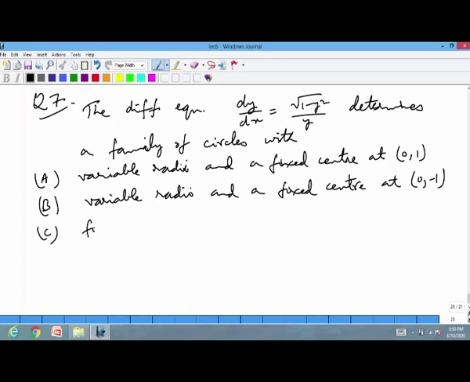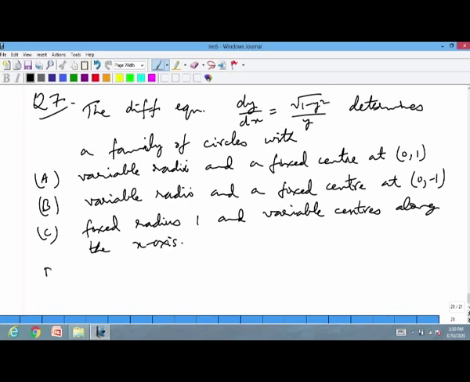C is fixed radius 1 and variable centers along the x axis, and D is fixed radius 1 and variable centers along the y axis.